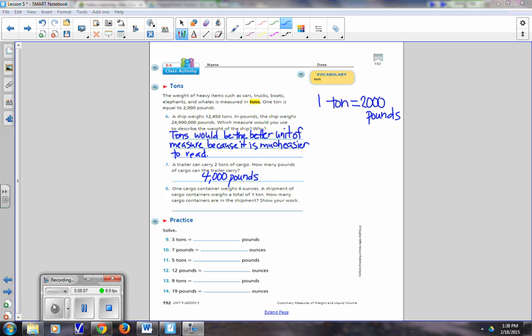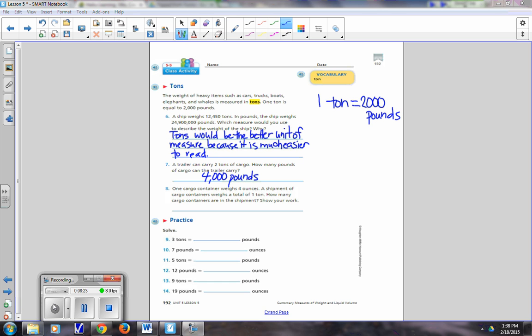1 cargo container weighs 4 ounces. A shipment of cargo containers totals 1 ton. Ooh, this one's hard. How many cargo containers are in the shipment?